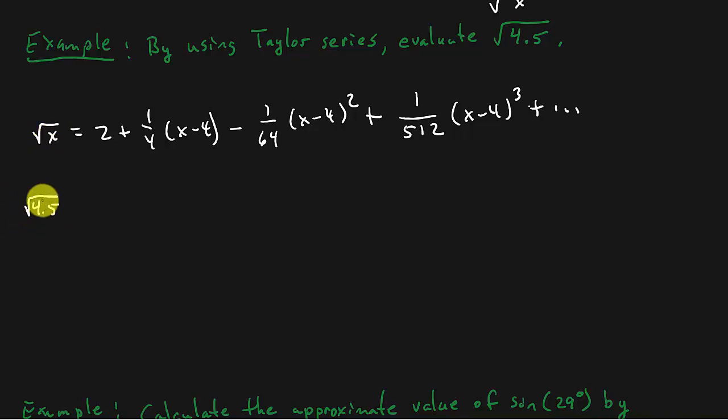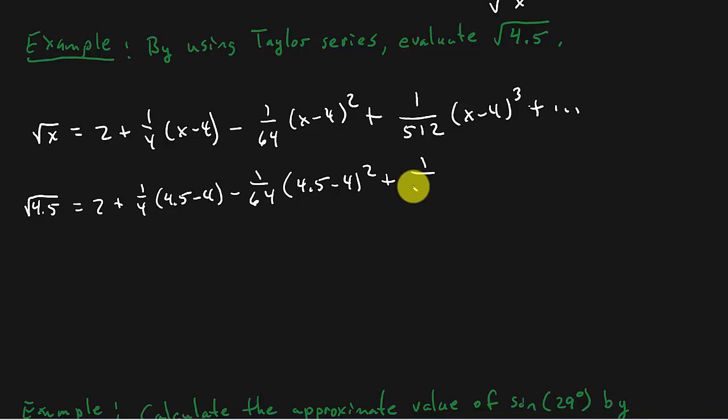See, I'm replacing the x with 4.5. So that's going to be 2 plus 1/4 times 4.5 minus 4, minus 1 over 64 times 4.5 minus 4 squared, plus 1 over 512 times, not x, times 4.5 minus 4 cubed, plus dot, dot, dot.